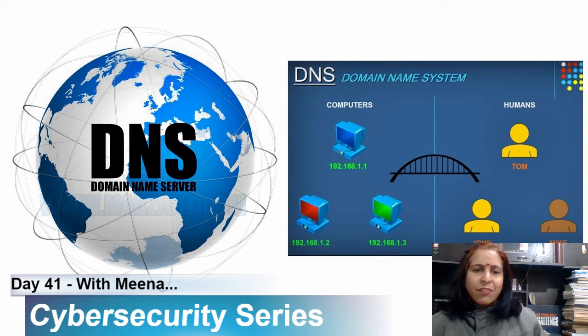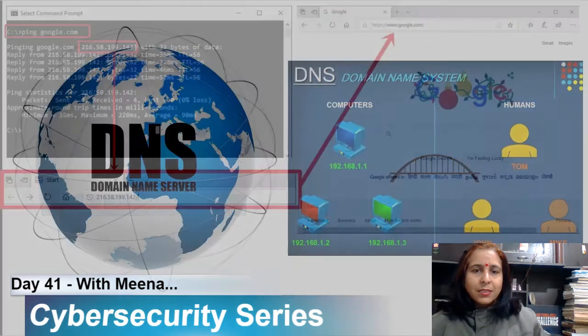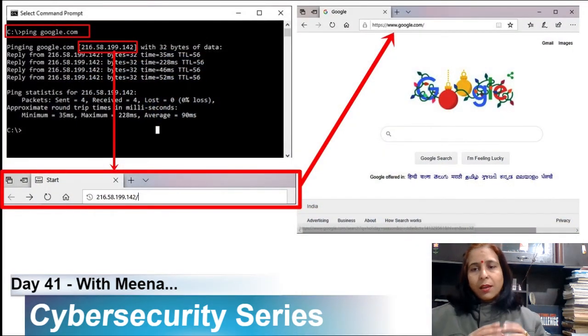Let's have a look at how it's working, and I have created a small demonstration of it. For example, open your command prompt and write ping and the domain name. For example, I wrote google.com, and whatever IP address you get in the reply of that ping, take that IP address, write it in the address bar of the browser and press enter.